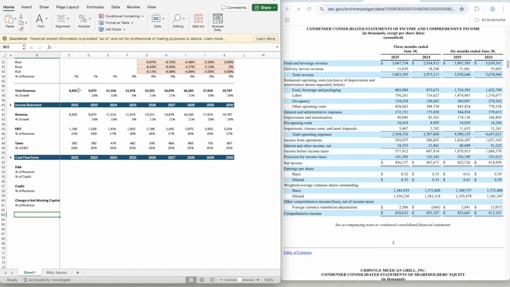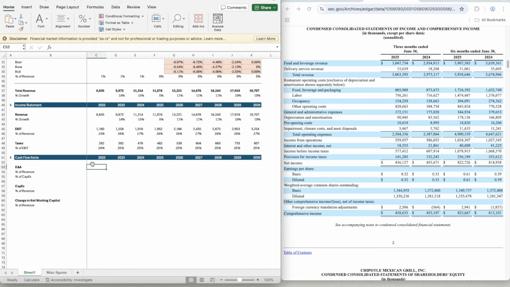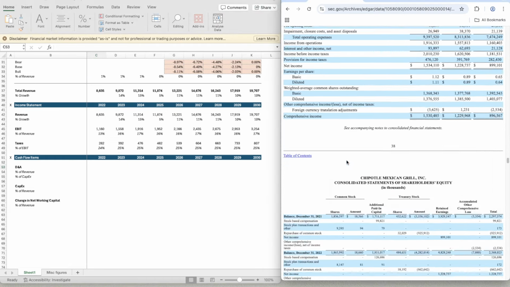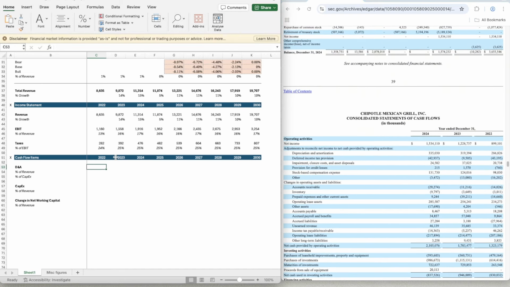Let's make it slightly bigger so that we can see it. Let's start with the older years first. We can see here depreciation and amortization for 2022 was 286.826, so let's just say 287.